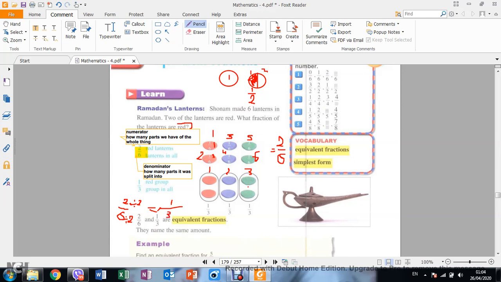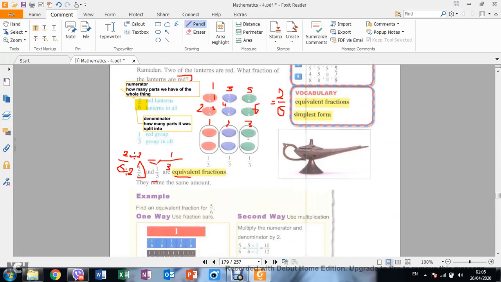So 2/6 and 1/3 are equal, but they use different numbers. 2/6 and 1/3 are equivalent fractions, meaning they have the same value but use different numbers. So 1/3 equals 2/6.